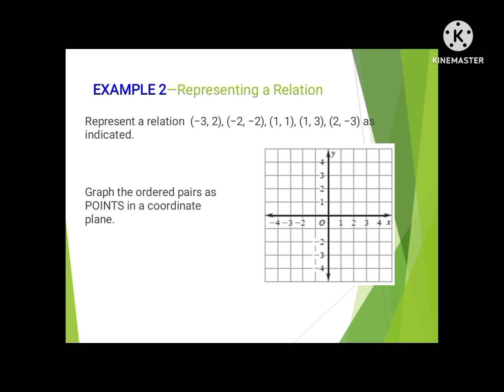Here we have another example. Our example number 2. Representing a relation. Represent a relation. Numbers -3 and 2, -2 and 2, 1 and 1, 1 and 3, 2 and -3, as indicated.